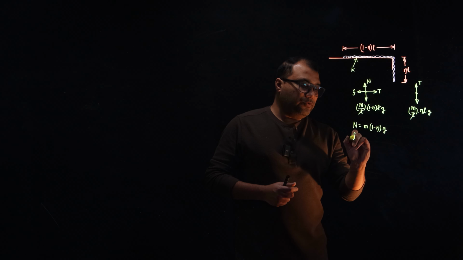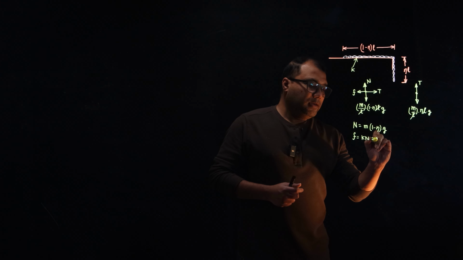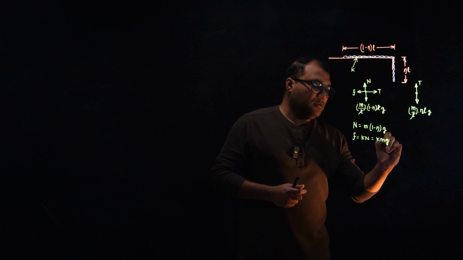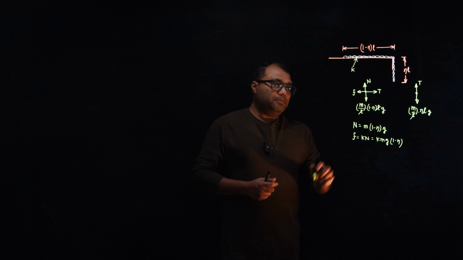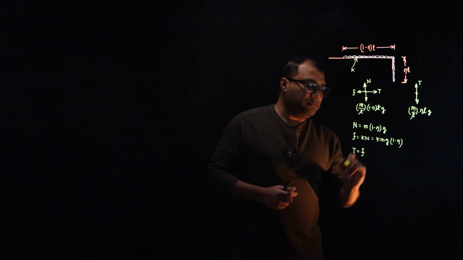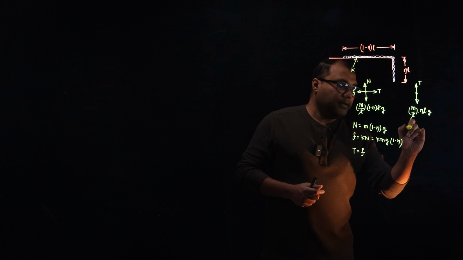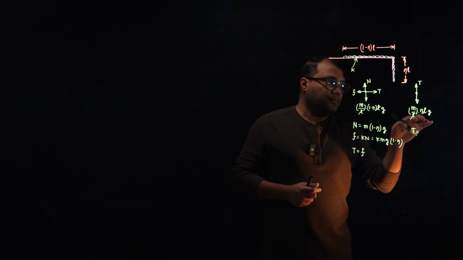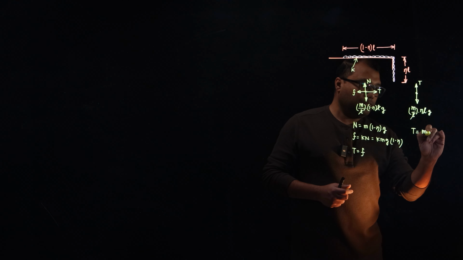So friction force is kN, or k m g times 1 minus eta. Similarly, tension and friction are balanced here, so tension must be equal to the friction force, and here tension and the gravity force are balanced, so we can write m eta g.